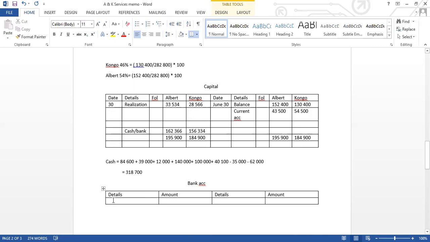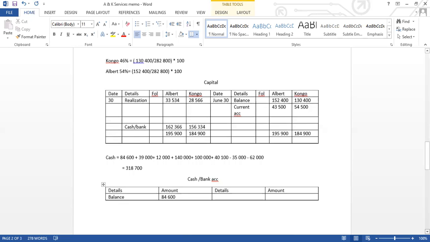The first thing we have is our opening balance of bank or cash. The opening balance was 84,600. And then we move on.